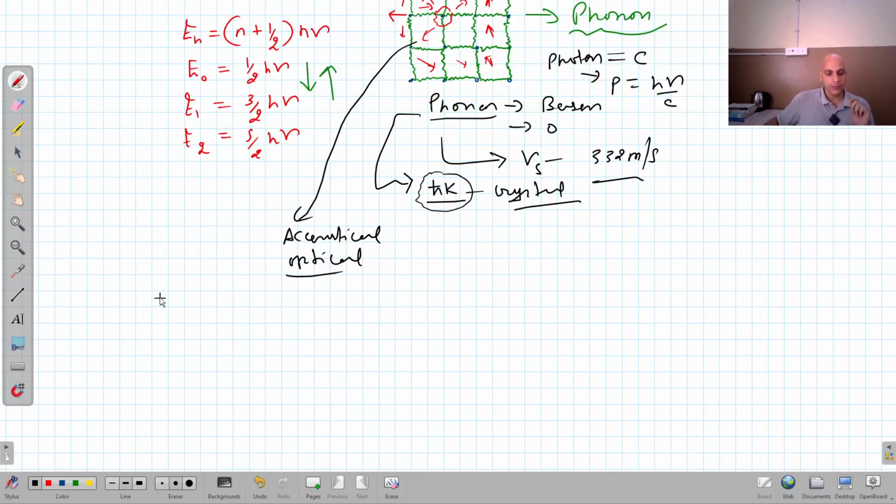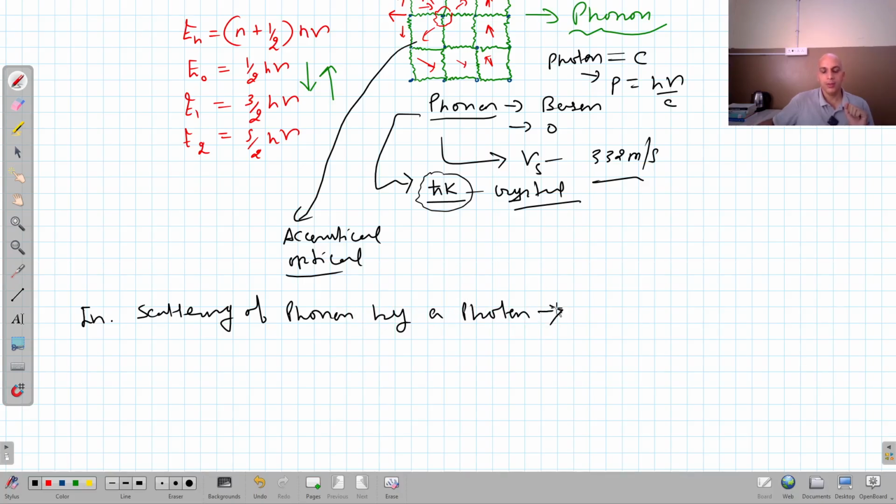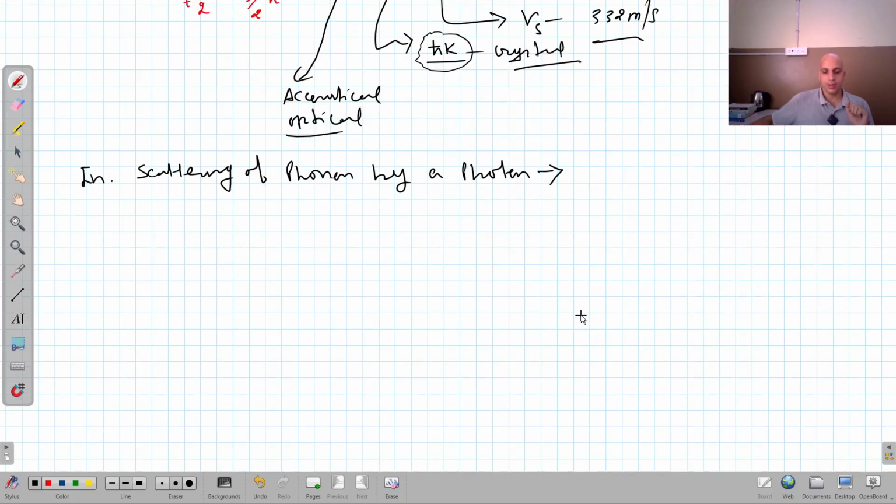Now I am going to the inelastic scattering of phonon by a photon. This is also an important one. So suppose we have a photon that is coming here, and it is interacting with the phonon.